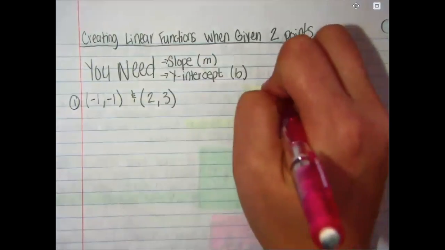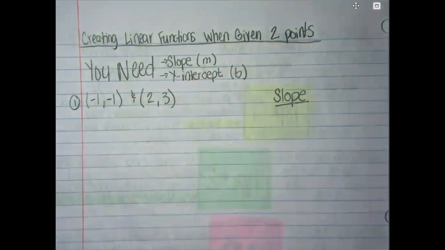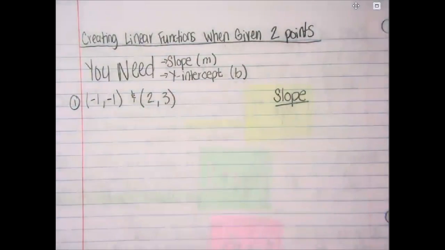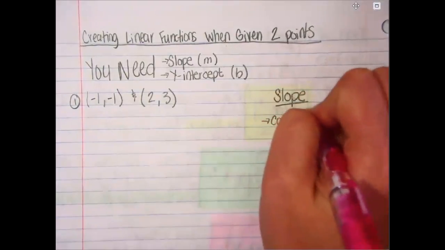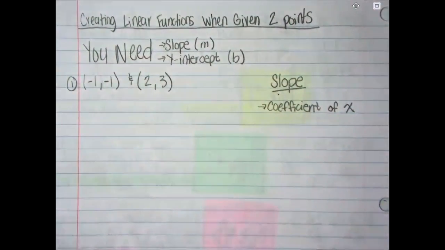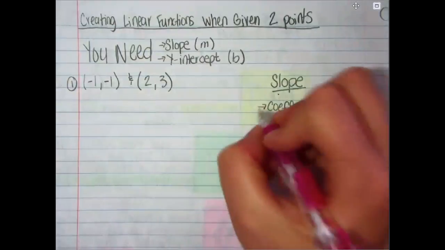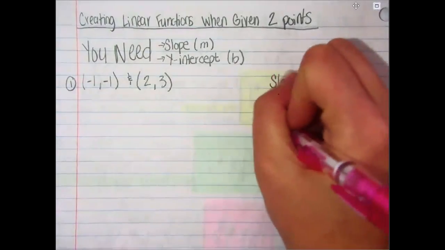Tell me what you know about slope. Got to find the slope. The slope is always the coefficient of x, so it's not the number behind it, it's the number in front of it. What else do you know about slope?